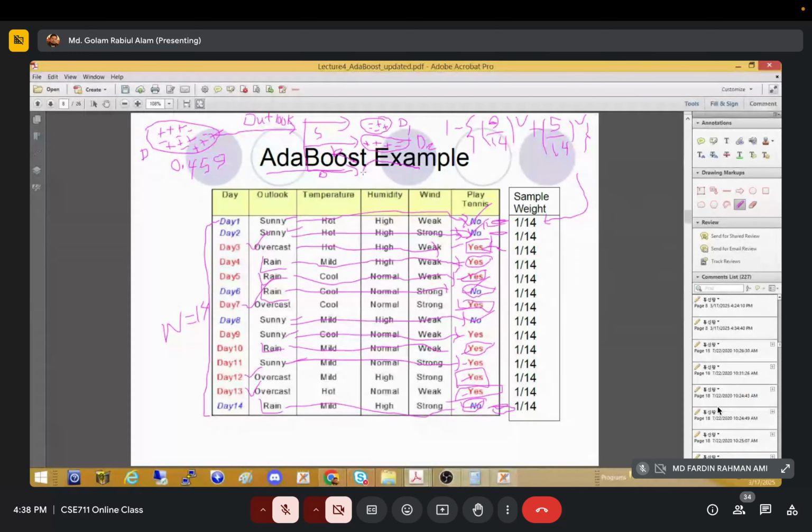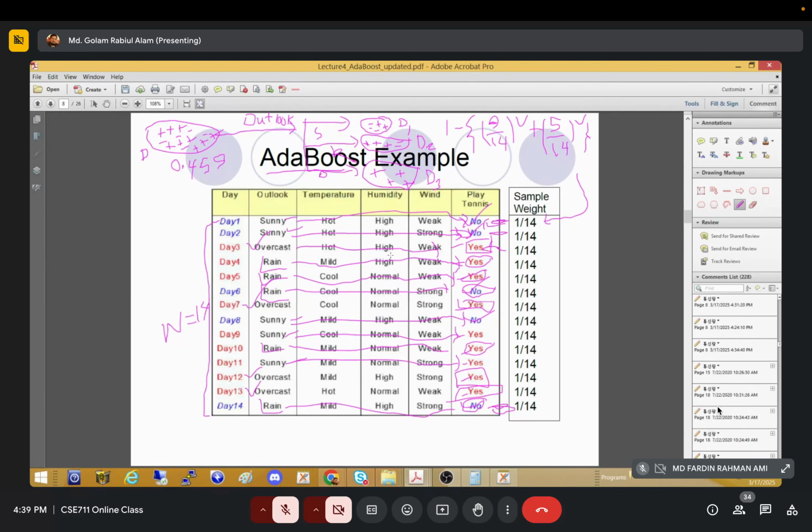We have a set that is positive, positive, positive, and positive. So this is our D3. That means if we use outlook as a splitter, it will divide our dataset into 3 subsets: D1, D2, and D3.